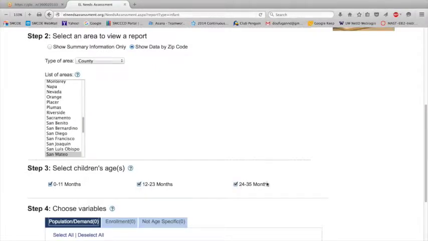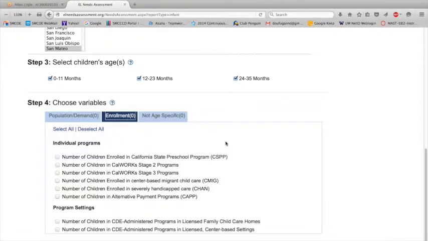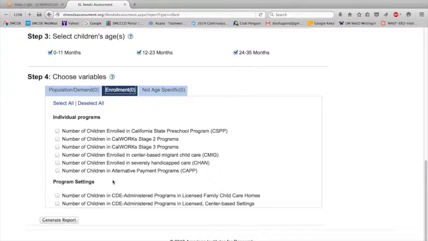And again, you're going to do enrollment. Now, this is a little odd in that it says number of children enrolled in the California State Preschool Program. That should be 0. I would not check that. So I would check the number of children in CalWORKs Stage 2 and 3, and alternative payment.